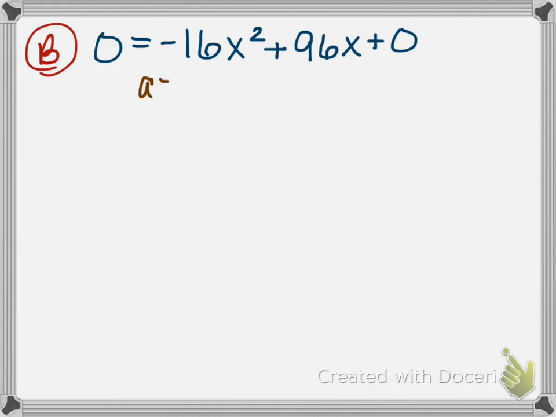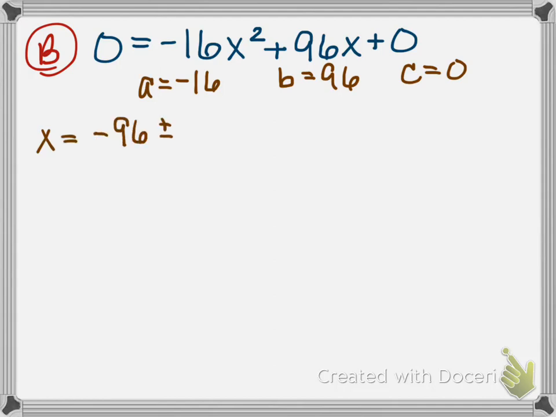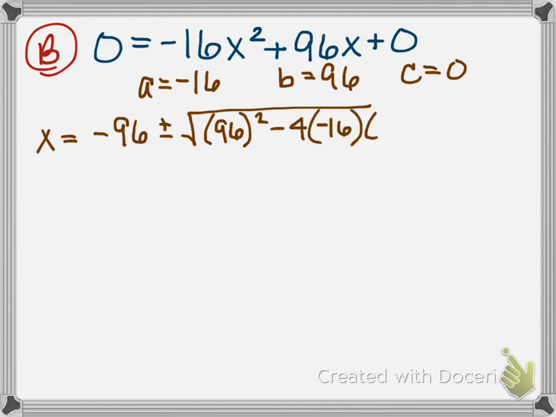So A is negative 16, B is 96, and C is 0, whereas in the last problem C was 3. So now I use quadratic formula, opposite of B, so negative 96 plus or minus the square root of B squared, so 96 squared minus 4 times A, which is 16, times C, which is now 0, divided by 2 times negative 16.